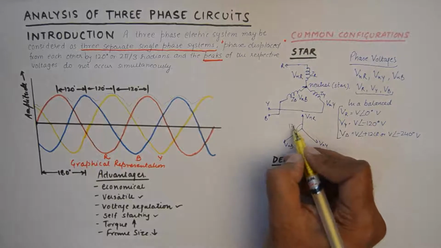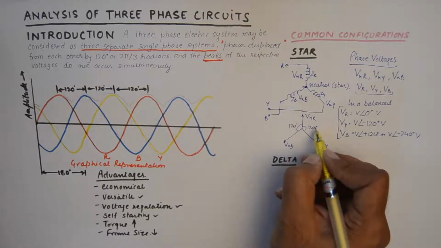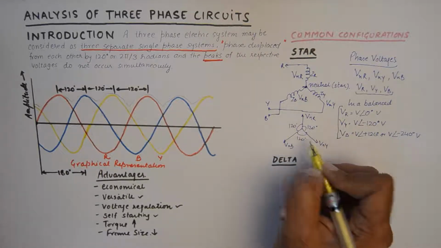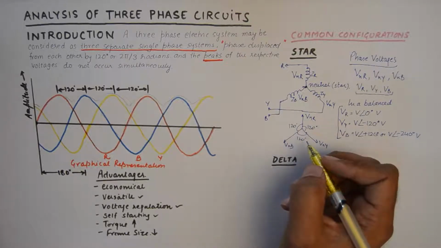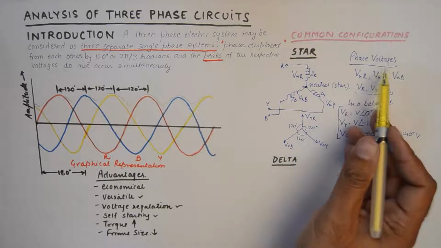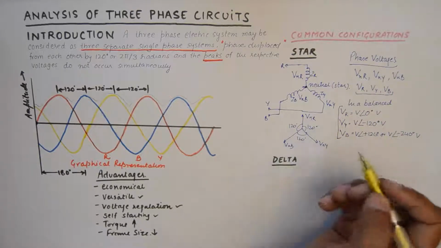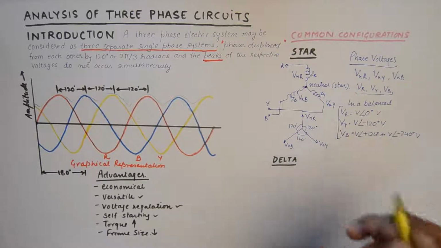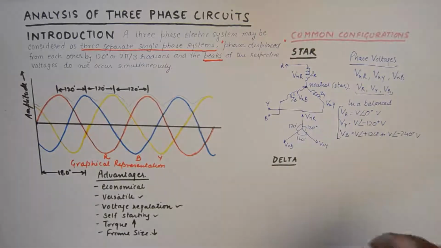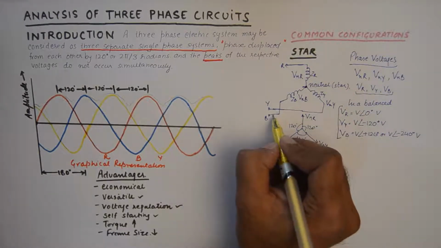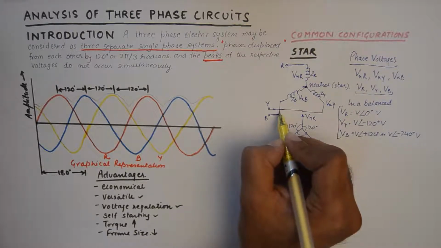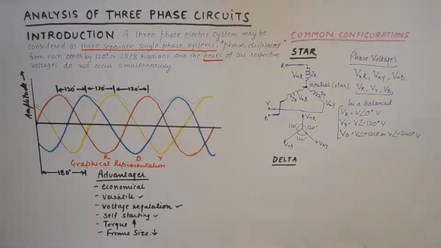So all of them are phase displaced from each other by 120 degrees. Now please understand, we are talking about phase voltages. We are not talking about the voltages between the two lines, because this is one line, this is another line, and this is the third line of the three-phase circuit.